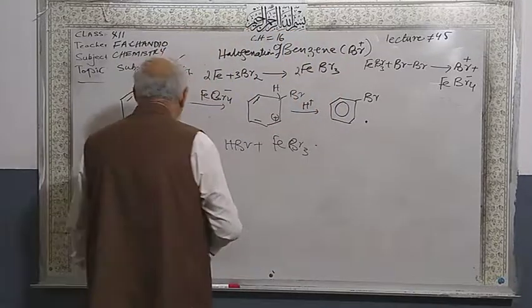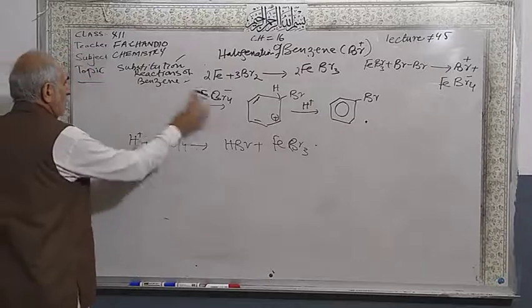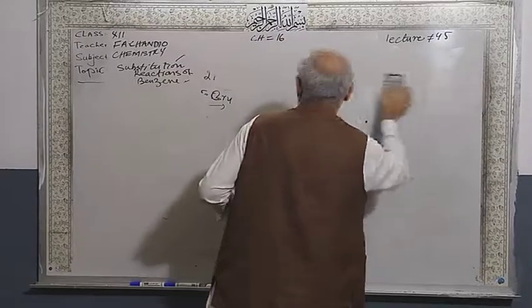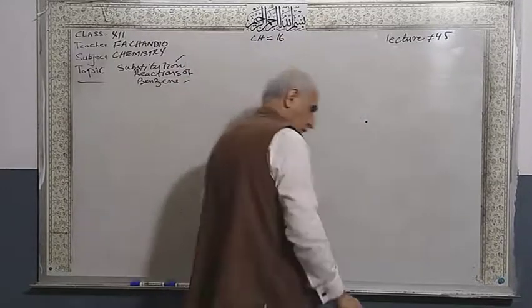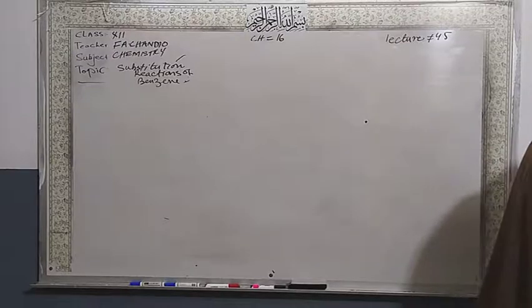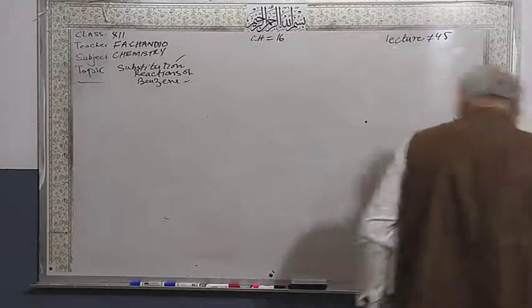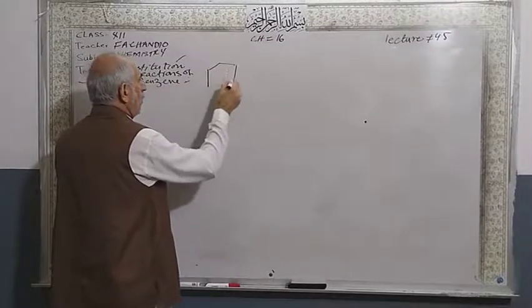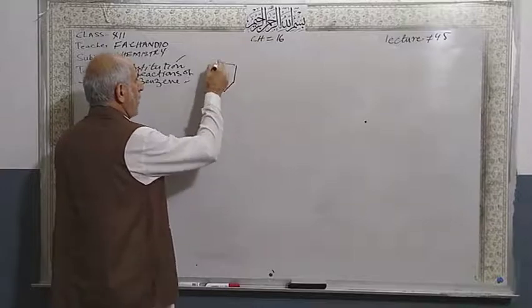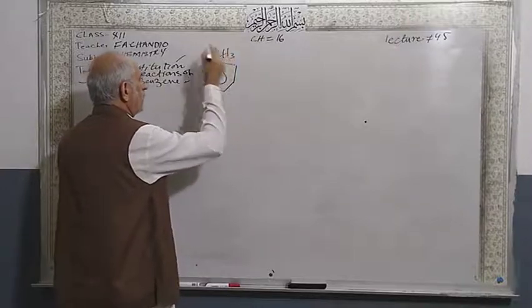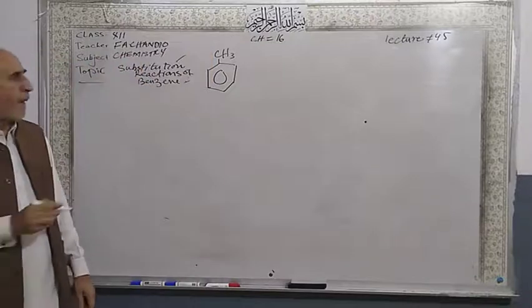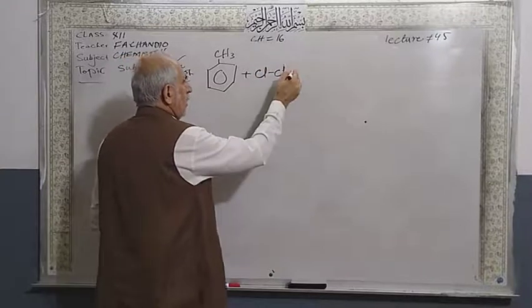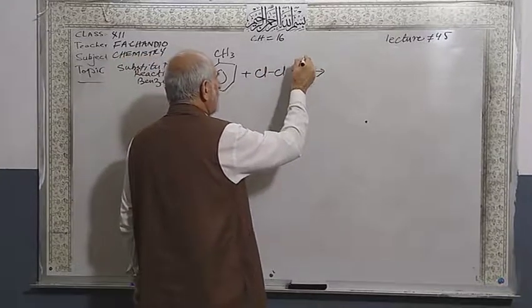This is the alkyl benzene, this is toluene, and you are going to pass chlorine gas.